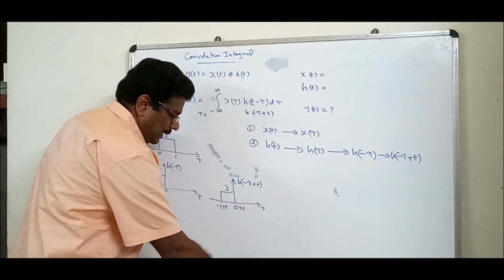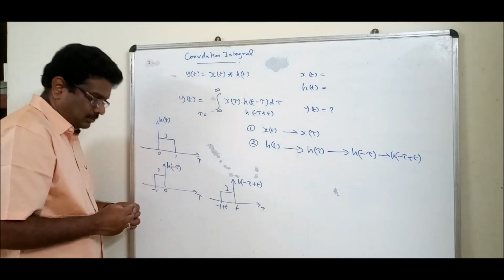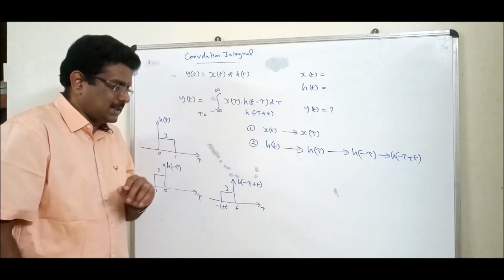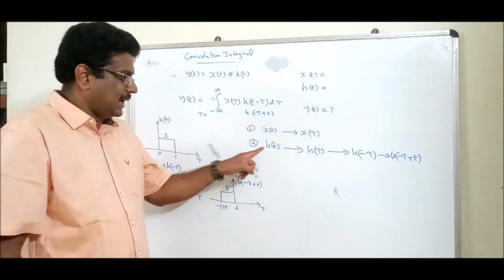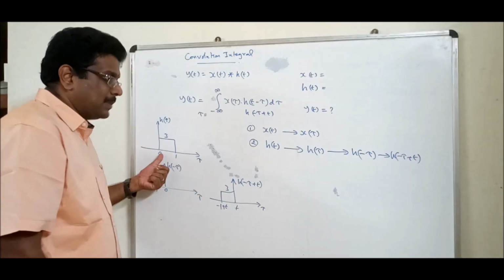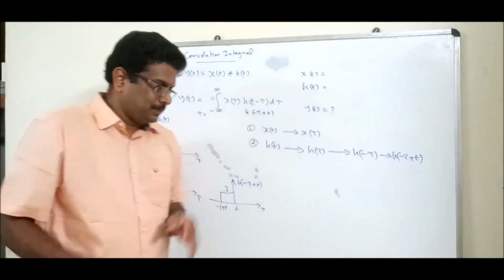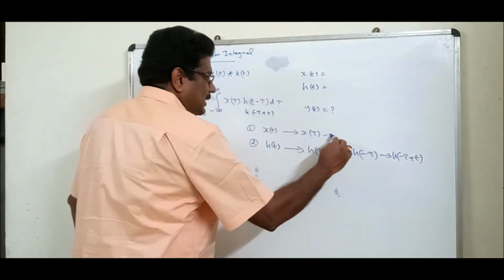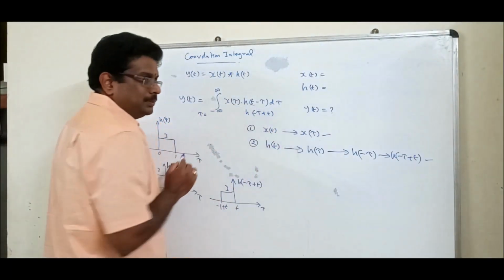Plus t is nothing but t. That's all. So, what is the first step? X of t becomes x of tau. Second step, h of t becomes h of tau, becomes h of minus tau, becomes h of minus tau plus t. This signal available, this signal available.